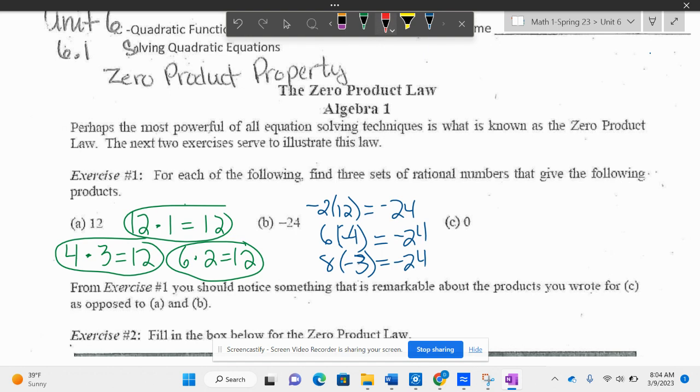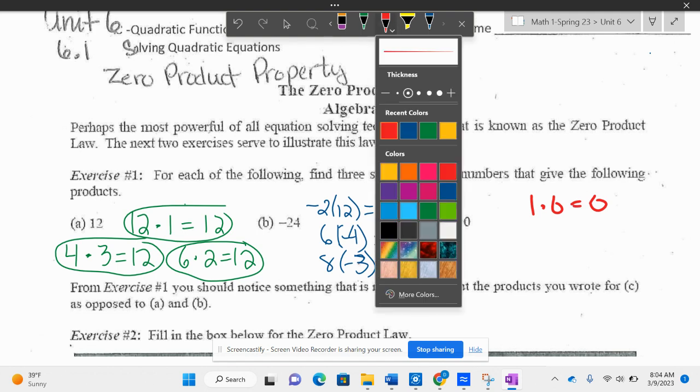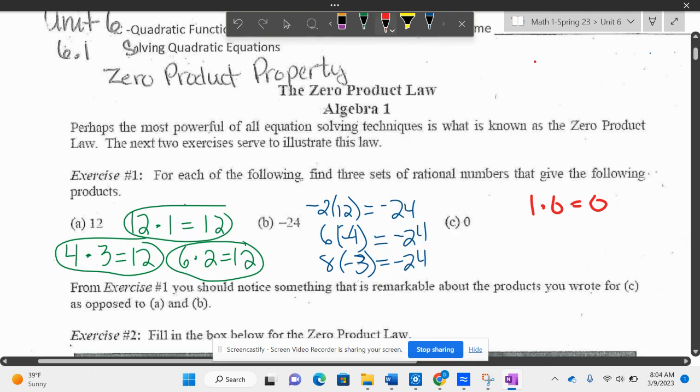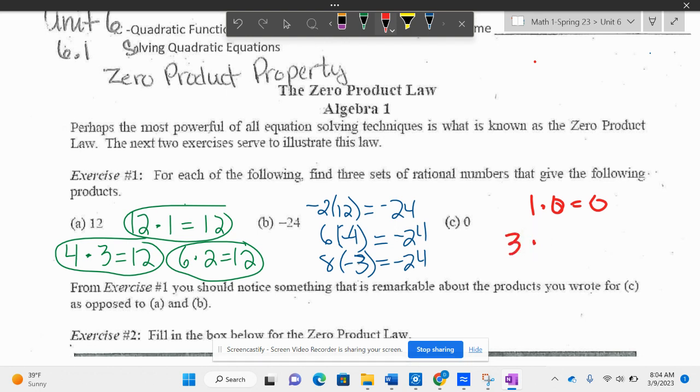Okay, someone give me 2 numbers that I can multiply together to equal 0. 1 times 0. What else? 100 times 0.